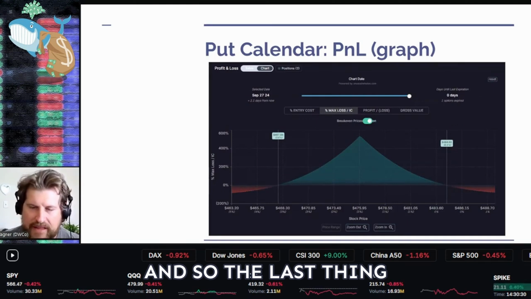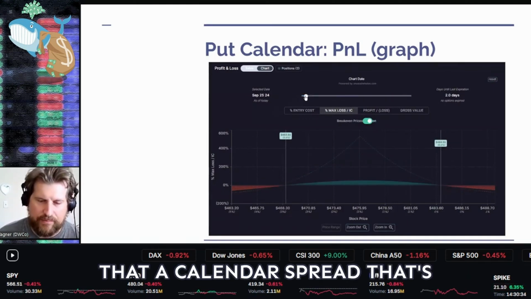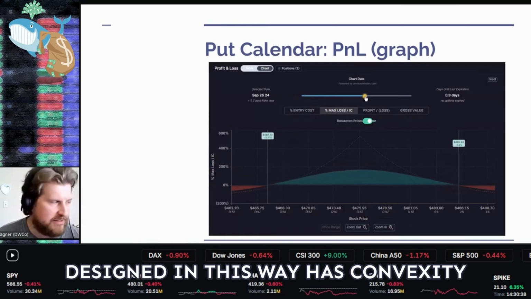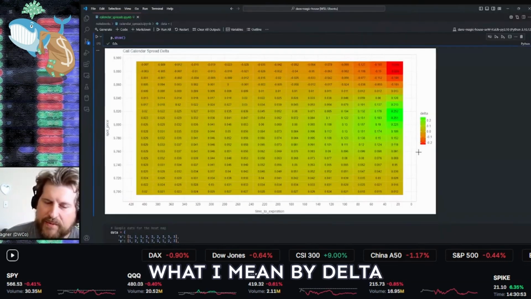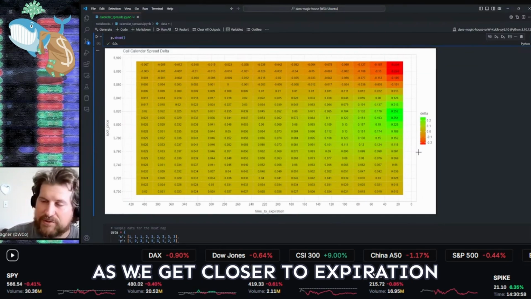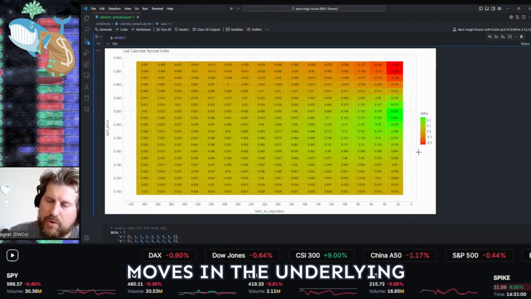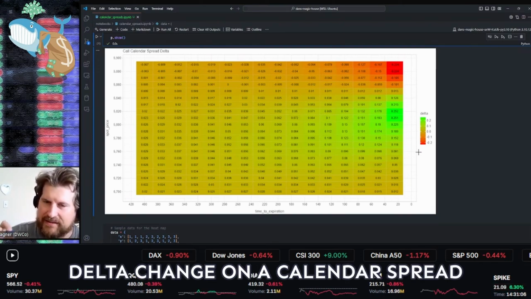And the last thing I want to touch on: when I say that a calendar spread designed in this way has convexity, what I mean by delta convexity is that over time, as we get closer to expiration, moves in the underlying are going to have a more drastic delta change on a calendar spread.